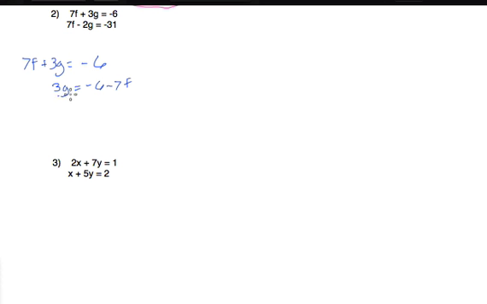And then divide by 3. Those simplify to 1. And g equals negative 6 over 3 is negative 2, plus negative 7 over 3 f, or negative 7f over 3, is negative 7/3 f. And so now we have a way of describing g in terms of f.